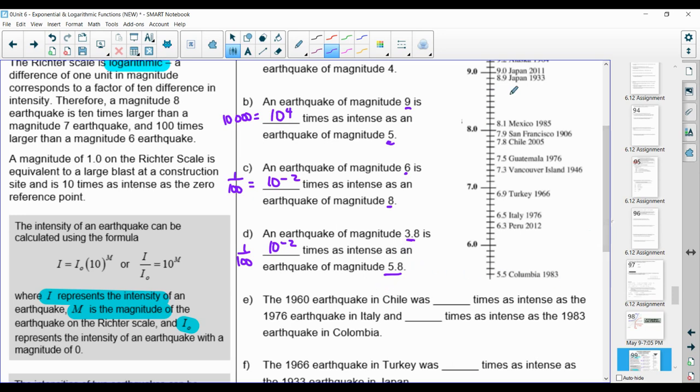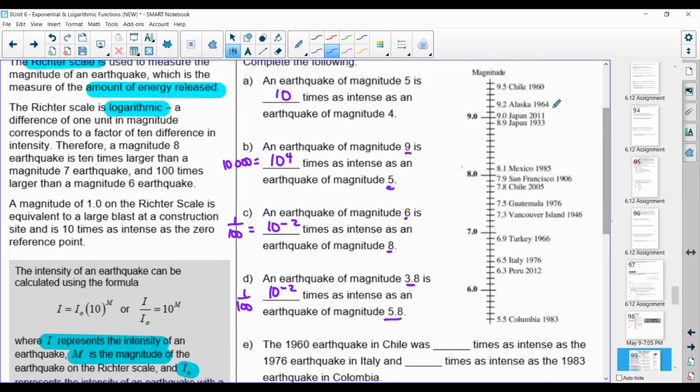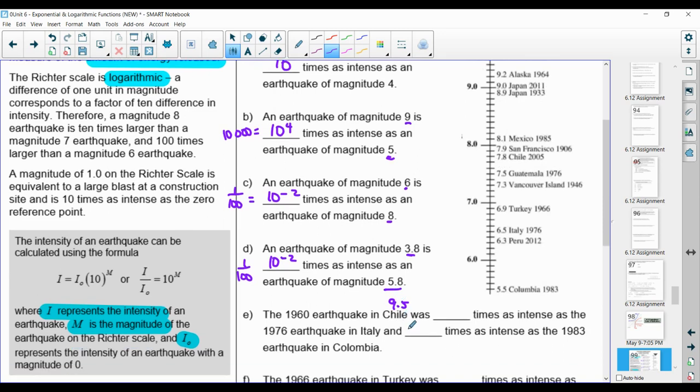So first of all, let's take a look at the 1960 earthquake in Chile, registered 9.5 on the Richter scale. And then the 1976 earthquake in Italy registered as 6.5.